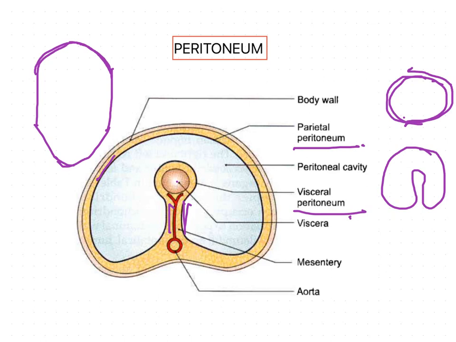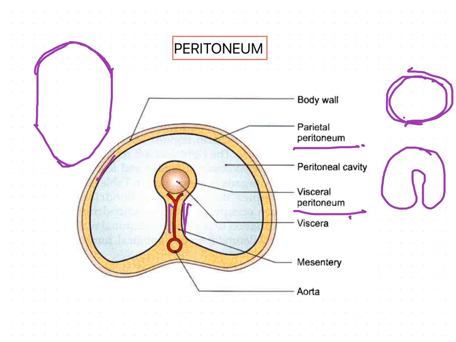Now coming to the visceral peritoneum, it lines the outer surface of the viscera to which it is firmly adherent and it cannot be stripped. So this visceral layer becomes part and parcel of the viscera. Embryologically, the visceral peritoneum is derived from the splanchnopleuric layer of the lateral plate mesoderm.